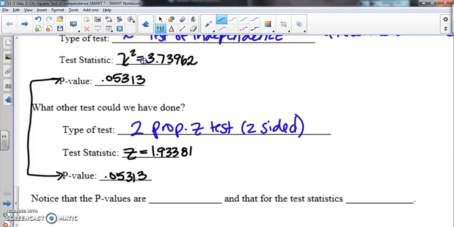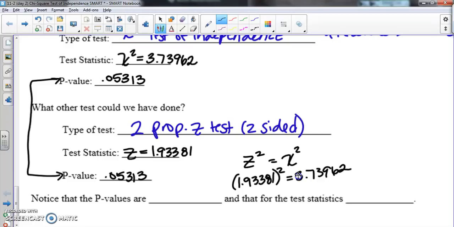But is there any kind of relationship between chi-squared and z? Well, this is a squared to it. This is just z. So I wonder if I took a z and I squared it, would that be equal to the chi-squared? Well, let's try. Let's take the 1.93381 and let's square it. Well, what do we get? 3.73962. They are equal.